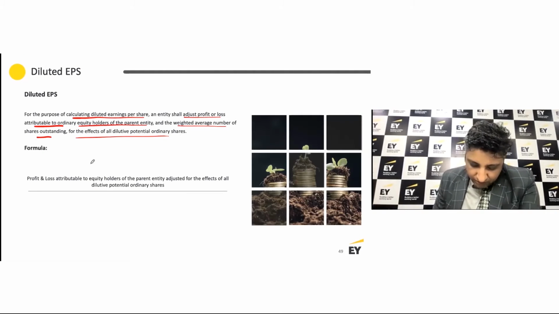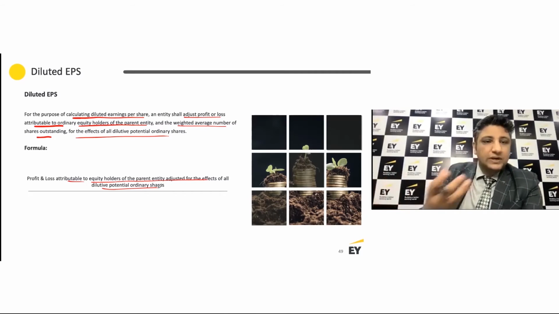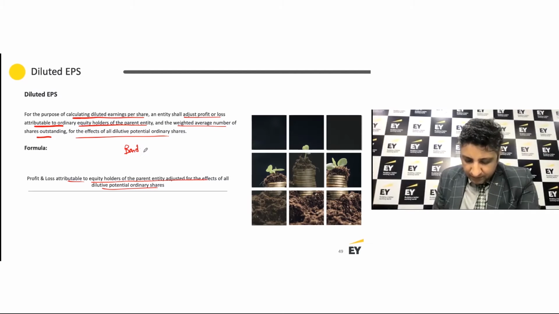What is your original profit plus the profit impact of the dilution, assuming those potential shares have become shares now? If it were a bond, we would remove, for example, the interest portion and the relevant tax consequence. We just did that in the example.